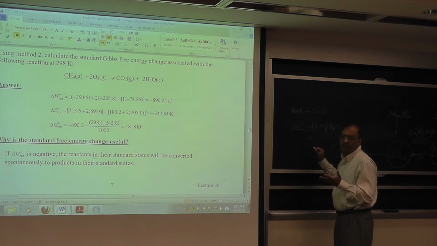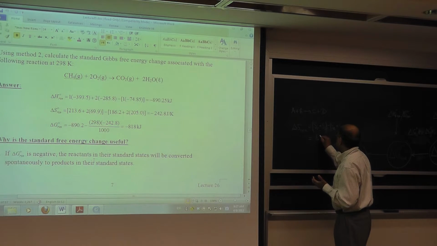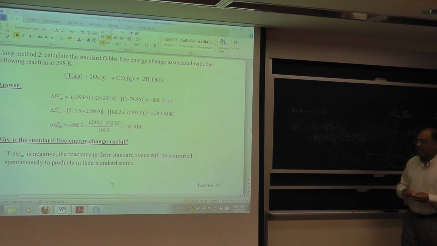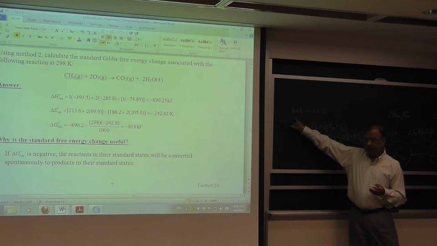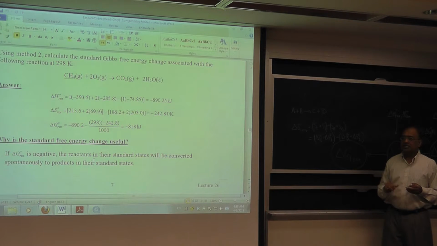I have never proved it, but I know that this is going to be true, that delta S is equal to delta S of formation of C plus delta S of formation of D minus delta S of formation of A plus delta S of formation of B. If you calculate the entropy of formation of the products and subtract the entropy of formation of the reactants, you'll get the same answer.